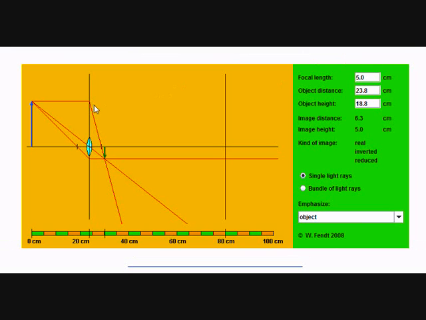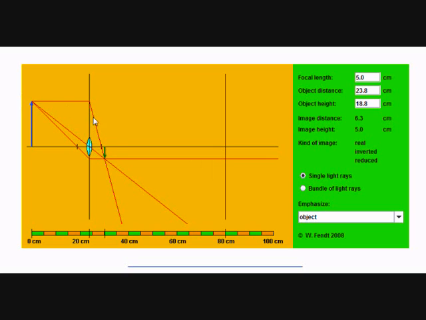And just finally to say that it's really important in ray tracing, to find the nature of images, that you know 3 rays, or work with 3 rays. The ray that's parallel to the axis, a ray that goes through the optic center goes straight through.